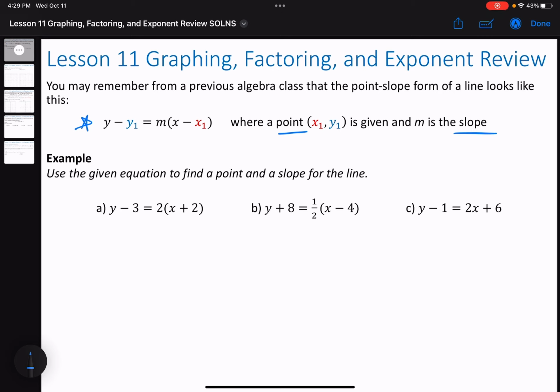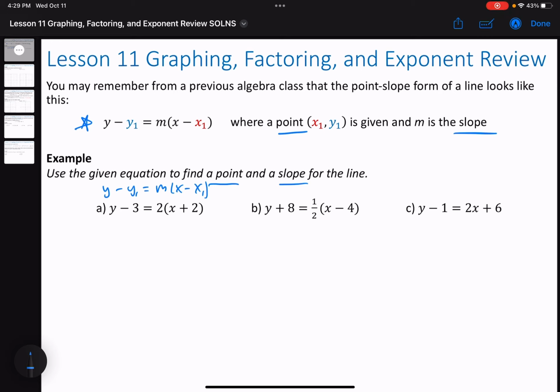First thing we're going to do is look at a few examples that have equations written in point-slope form, and we want to figure out what the point is from the equation and what the slope of that same equation is. So I'm going to go ahead and rewrite this equation, y minus y1 is equal to m times x minus x1, over our equation.